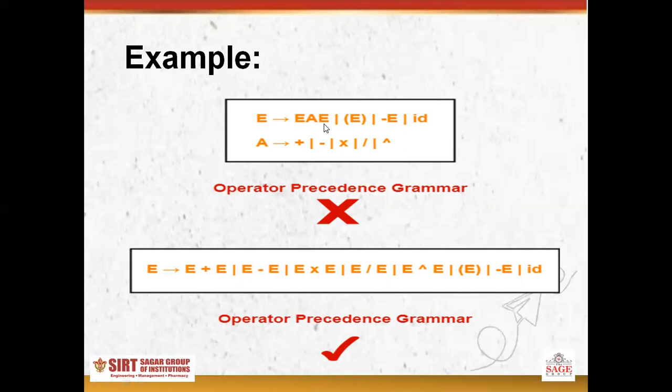EAE is also separated with the asterisk or multiplication sign, divide symbol, power symbol. On the next production, when E produces open brace E close brace, there is no issue with this production because there are no two non-terminals continuously side by side.